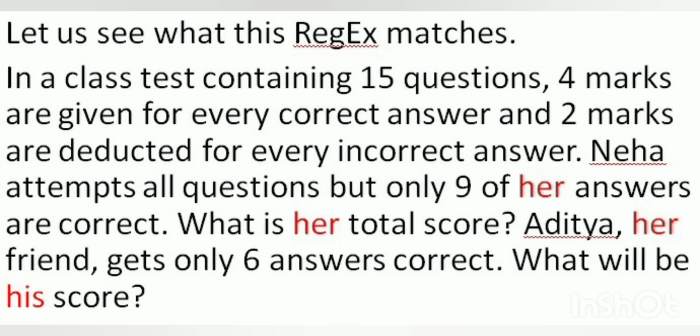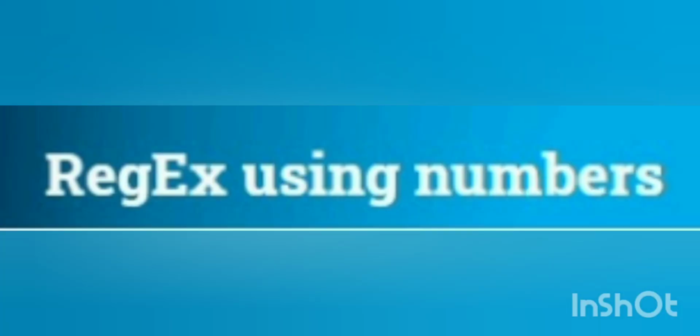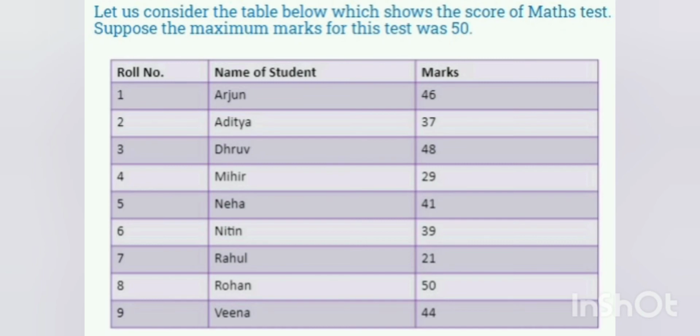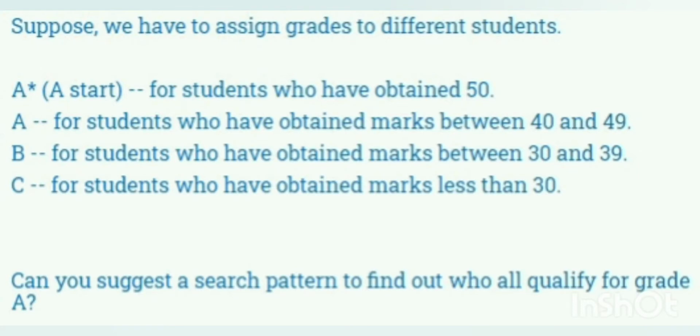Right? Now let us understand regex using numbers. Let us consider the table below which shows the scores of a maths test. Suppose the maximum marks for this test was 50. Suppose we have to assign grades to different students.